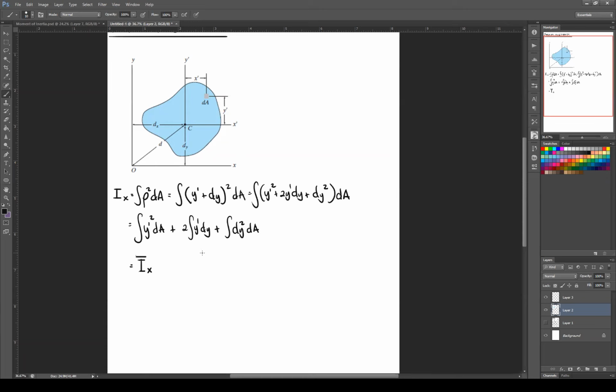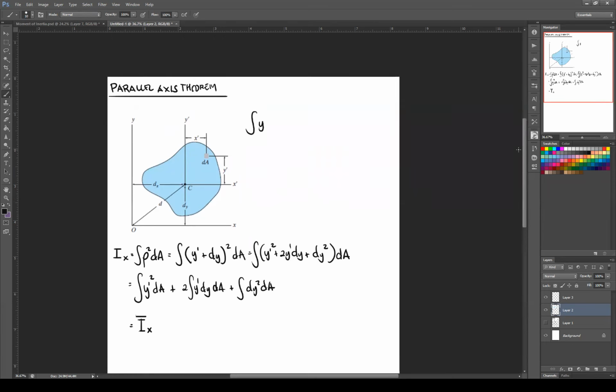Now what about this, the integral of y prime dA? As you can see, that is just area multiplied by distance to the axis, and we have a term for that.